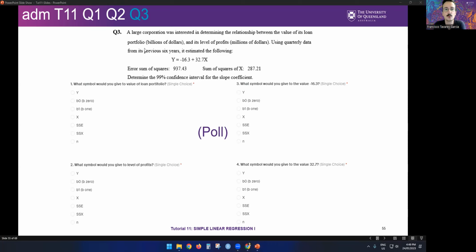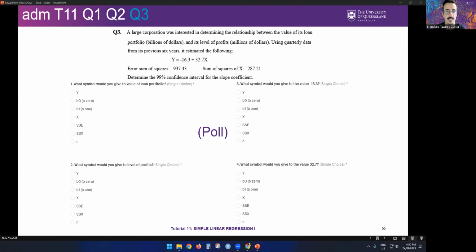So a large corporation was interested in determining the relationship between the value of its loan portfolio, in billions of dollars, and its level of profits, in millions of dollars.